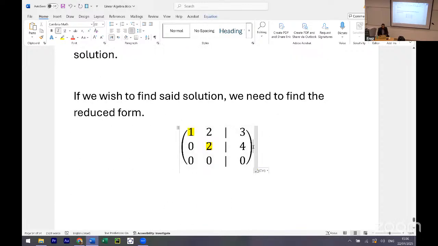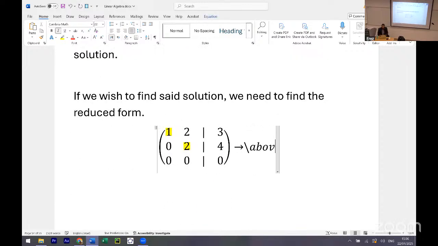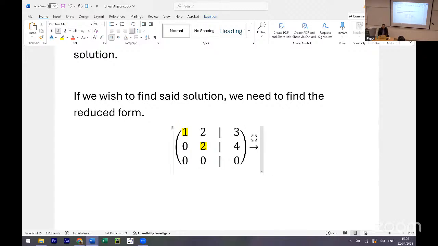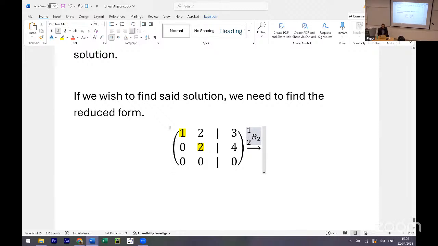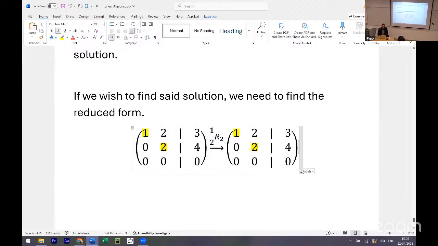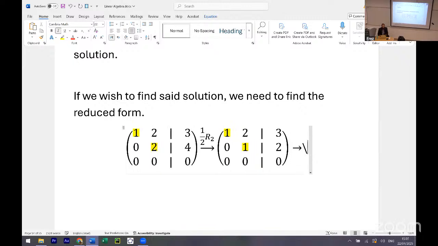What would be the next step? Now we will divide by 2 in order to make the coefficient of the pivot 1. So now we'll have 1 and this is 2. Is this a reduced form? Still no.